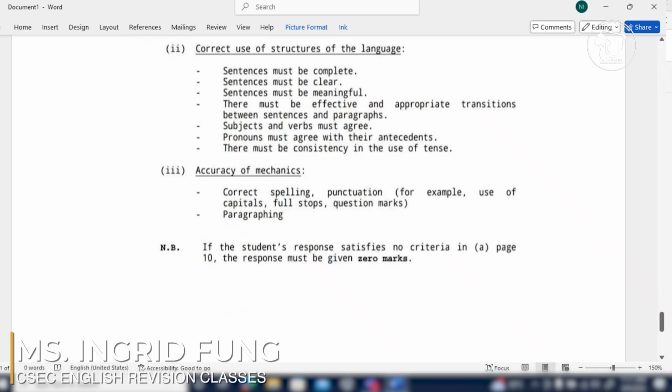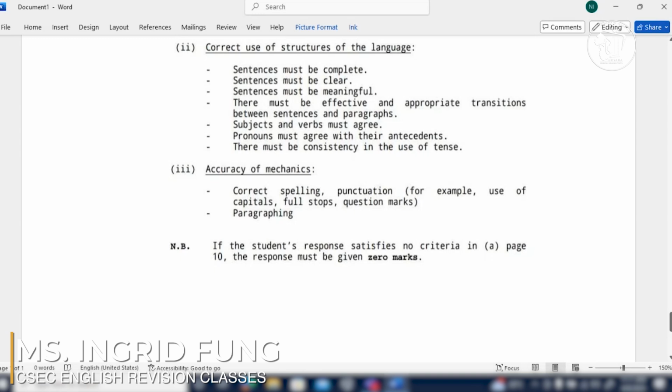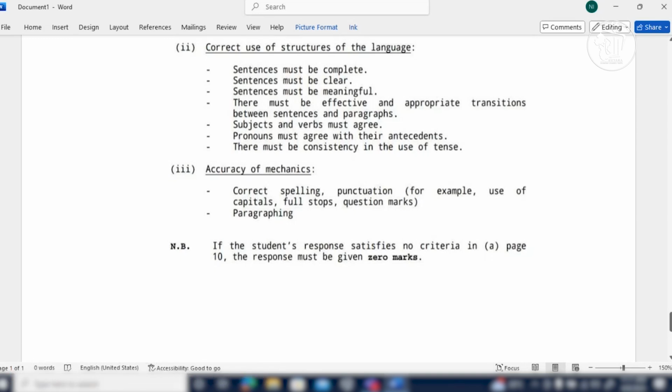So we look at the correct use and structures of the language. Now, this is very important because it's an English examination. We can't just be in a slipshod manner, and I know that students are saying now they don't like to read, or teachers are saying the students don't like to read, and that's why so many of us do not do English B, and that's a pity. But we have to know the structures of our language.